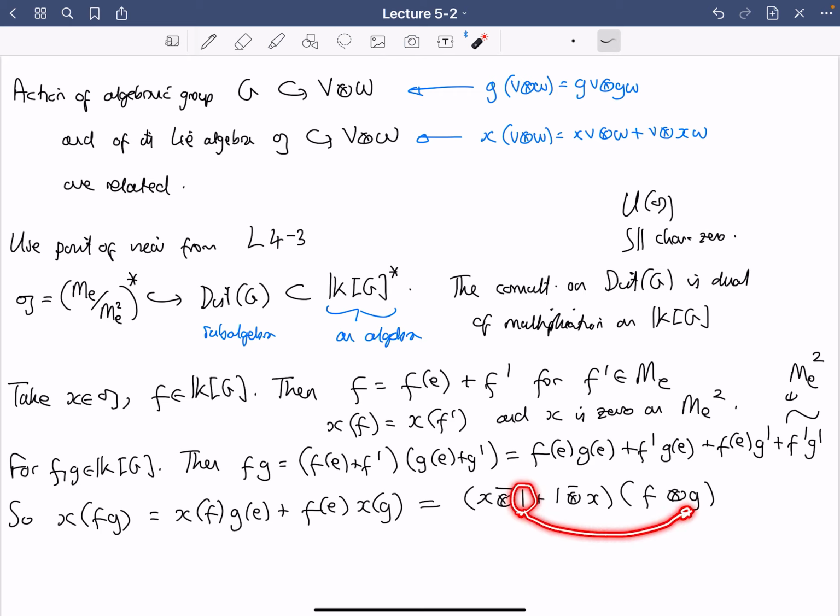So the co-unit on the distribution algebra, the unit on the distribution algebra, that's the same as the co-unit on the coordinate algebra, which is just evaluation at e.